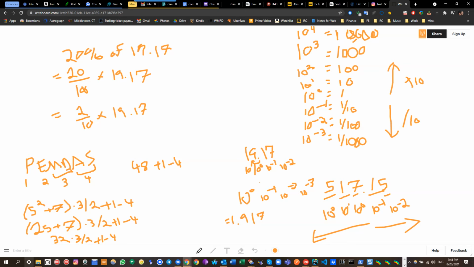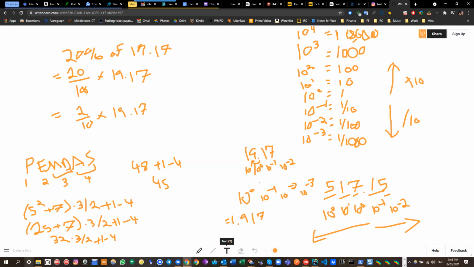Now again, I could do the plus 1 first, or I could do the minus 4 first, whichever I prefer. I could even do 1 minus 4 first and get negative 3, and then add that to 48. Or I could do 48 minus 4 plus 1, because these operations are happening on the same level, addition and subtraction. It's easier for me personally to think about 48 minus 4. So that's 44 plus 1 is 45, so that's the answer.